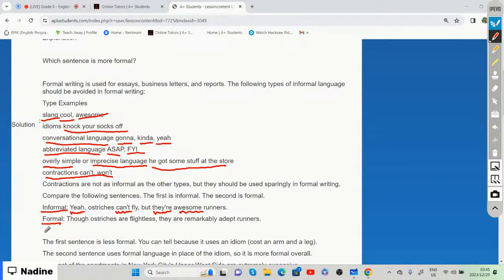So we need to avoid certain words when it comes to formal writing. And the words that we need to avoid, I have underlined those words. Avoid slang, avoid idioms, conversational language you have with your friends, abbreviated language, oversimple and imprecise language, and avoid contractions. Try to write the contraction out in full.